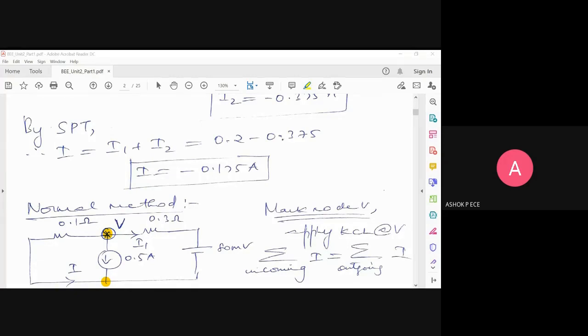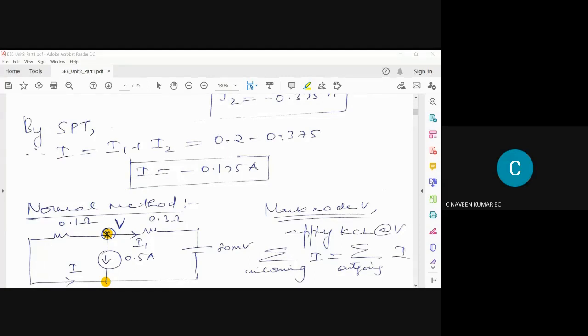Mohan Raja, you are there? Naveen Kumar C. Yes, sir. Can you say me the KCL equation at node V? Sir, outgoing current I1 and 0.5 amps, sir. Okay. Sir, I don't understand the incoming current. You didn't mark any incoming current, sir, at node V. Did I not mark? Please check properly.